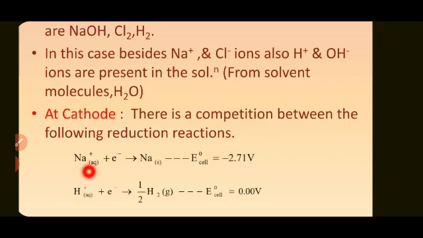Then H plus ions are formed from water, that is aqueous medium. This also accepts the electron, forming half hydrogen gas. Now why half hydrogen gas? Because here only one H ion is formed. One H ion accepts one electron to form one H. This is how two H combine to form H2 gas, and therefore we have written half H2. So this is in the form of gas. Now here E naught cell value is 0.0 volt. Just look at the values.